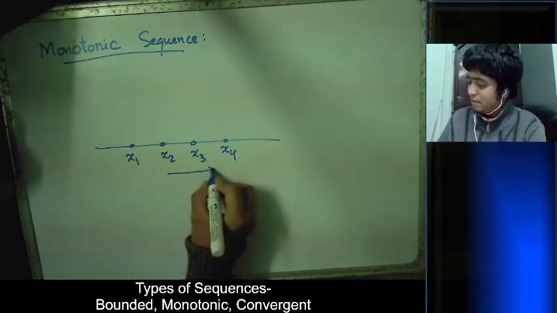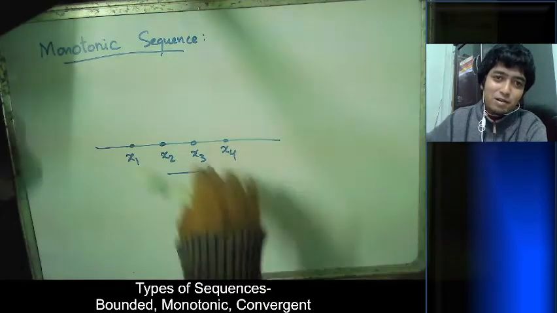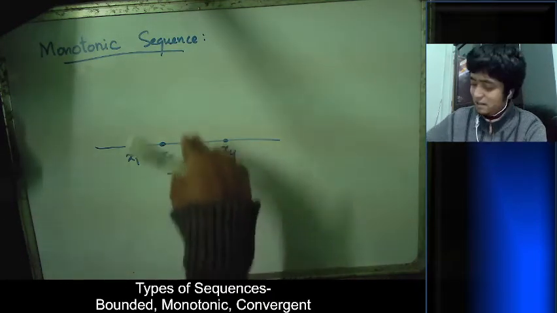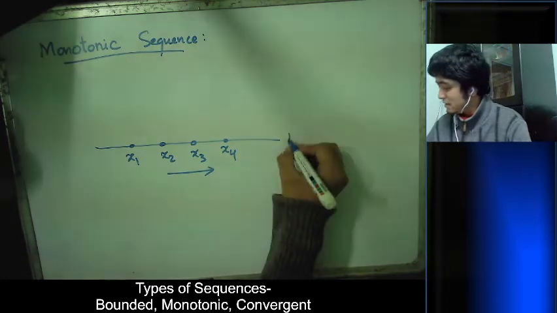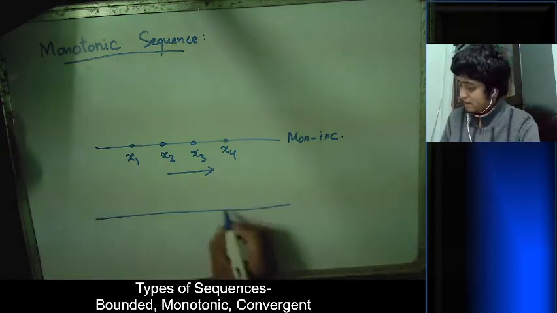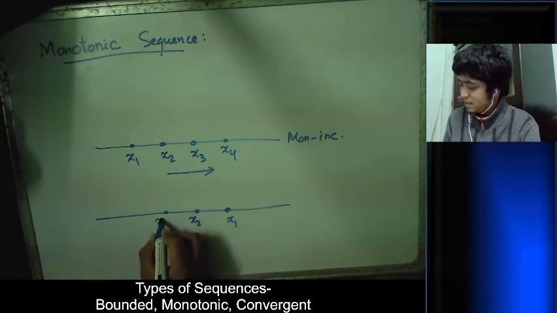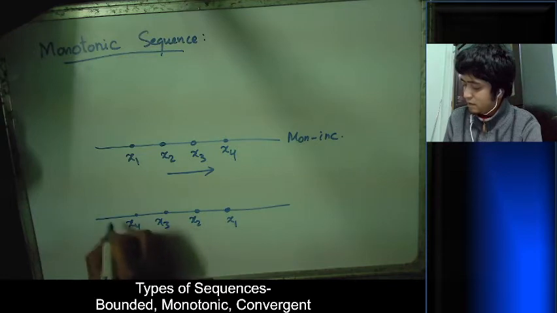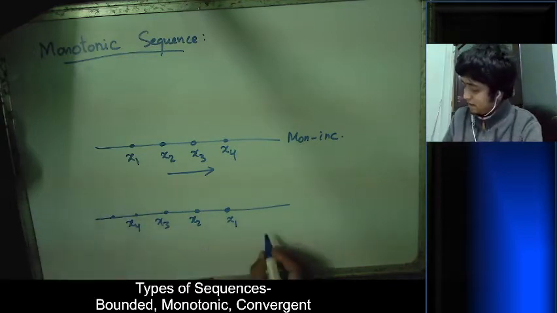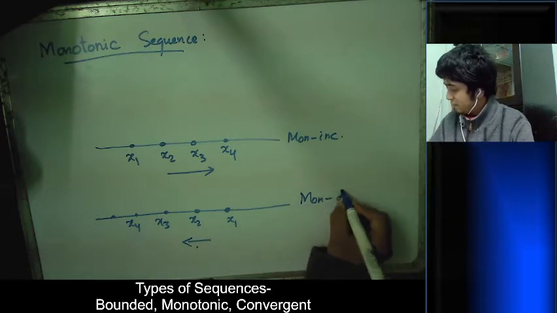If it keeps on increasing in this way, then it will be called a monotonic increasing sequence. Whereas if the terms keep on decreasing in this way, x5, then this one will be called monotonic decreasing.